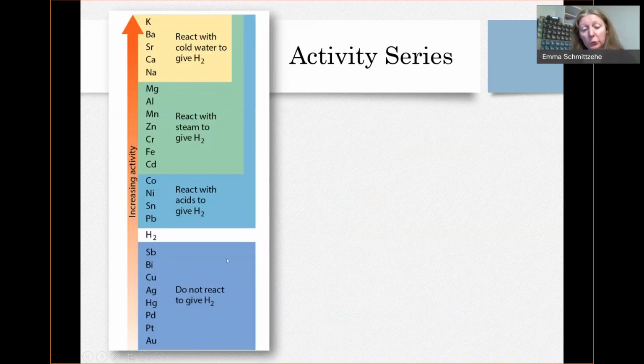But if you were to use this activity series, you can predict whether a reaction is spontaneous or not. And so if you determine it's spontaneous, that's something we would say that yes, this reaction occurs. Whereas a non-spontaneous, we would say it doesn't occur. Well, normally it doesn't occur. We could force it to happen.